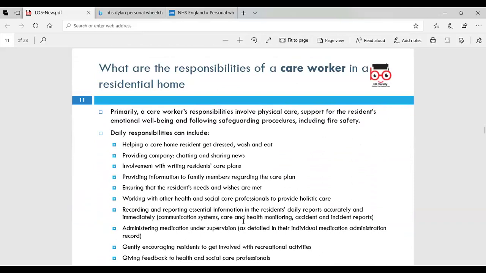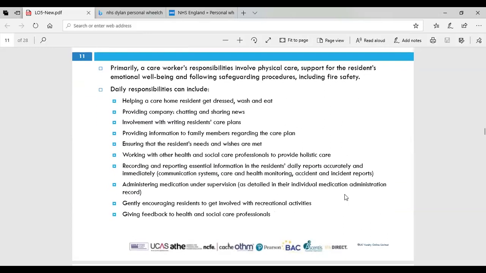So their daily responsibilities could include, and this is just an arbitrary list, there could be more: helping a care home resident get dressed, wash and eat; providing company, so you're chatting with them, sharing news with them; involvement with writing residents' care plans; providing information to family members regarding the care plan; ensuring that the residents' needs and wishes are met; working with other health and social care professionals to provide holistic care; recording and reporting essential information in the residents' daily reports accurately and immediately; administering medication under supervision; and gently encouraging them to get involved in recreational activities, which keeps them active mentally and physically; giving feedback to the health and social care professionals.